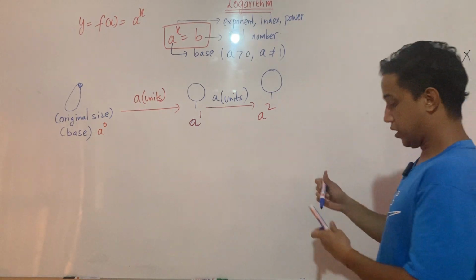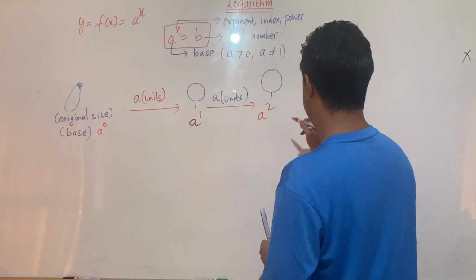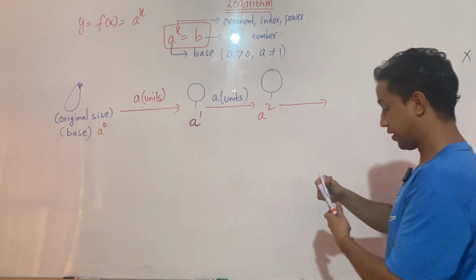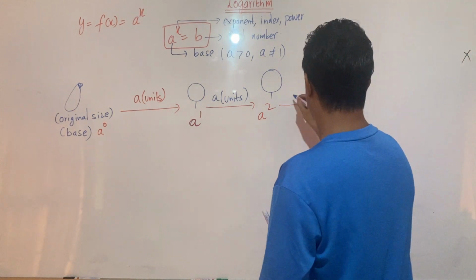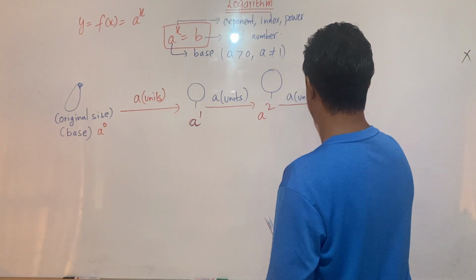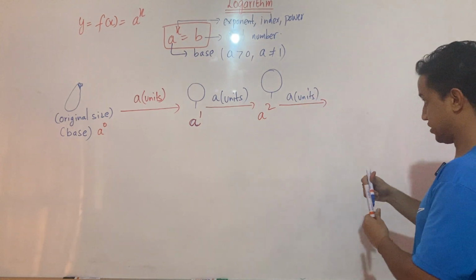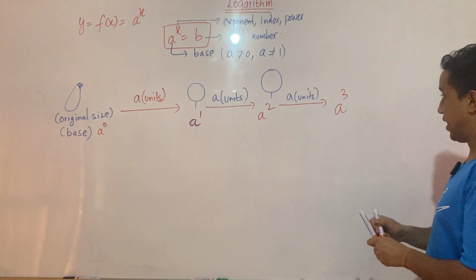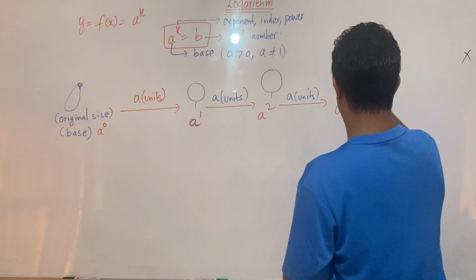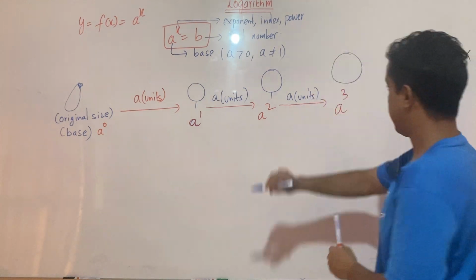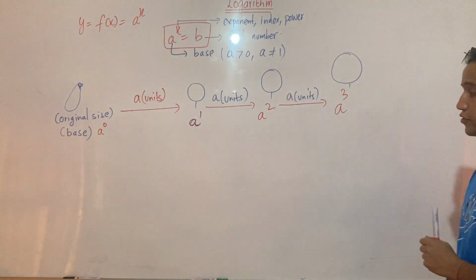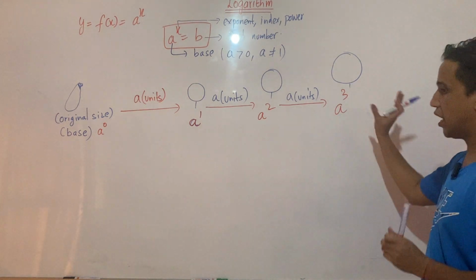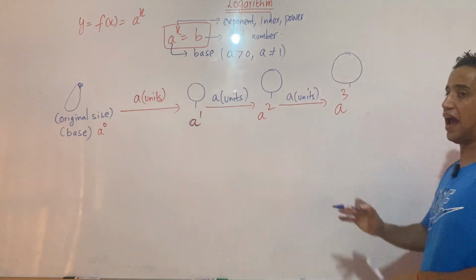Okay, so again I repeated the same process, and then again I blow a units of air in, and then the size got a cubed, and the shape is something like this.